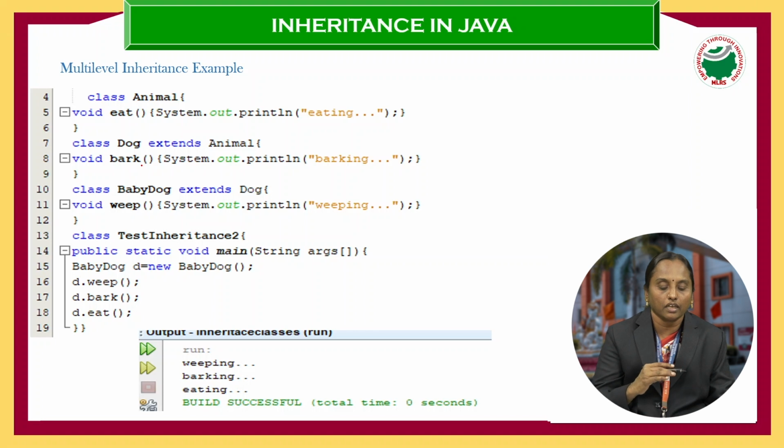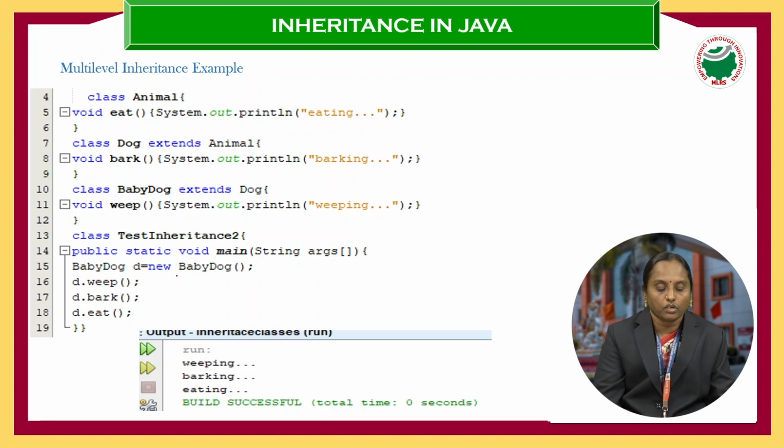Here we have created 3 levels. In baby dog class, we create one user-defined method, the weep method. In weep method, we display the message weeping. This is for the main method. In main method, we have to create an object for the last subclass. So here the last subclass is baby dog.